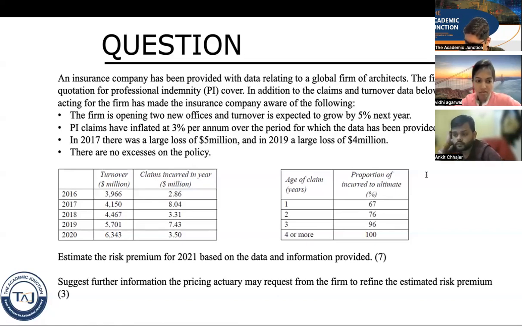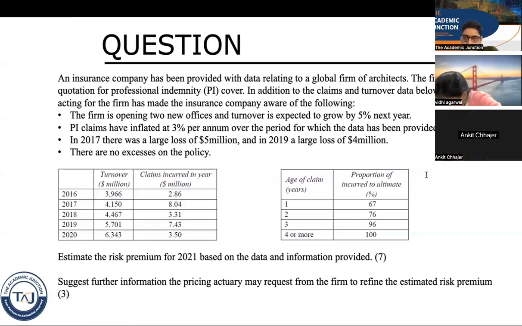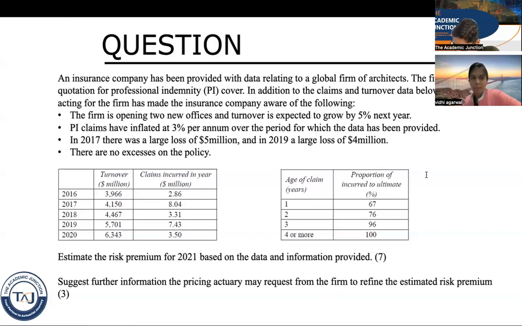Ankit. I think very good points were covered by Vidhi. I missed a few of them. Other than that, the status of the claims, particularly the large claims, whether closed or not, so that trending may not be required. Very good.